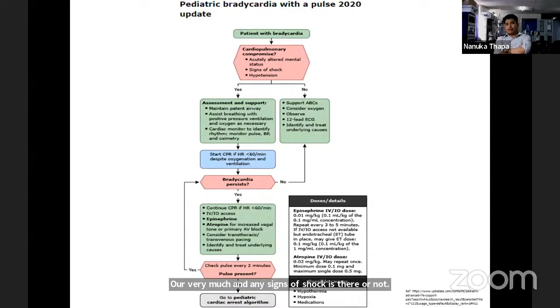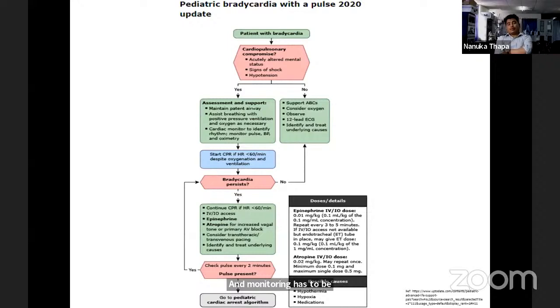If these things are there along with bradycardia, then at first we have to maintain the ABCs. ABC means airway: we have to see whether it is patent or if any obstruction is there. Then we have to see the breathing status of the child, and monitoring has to be done.